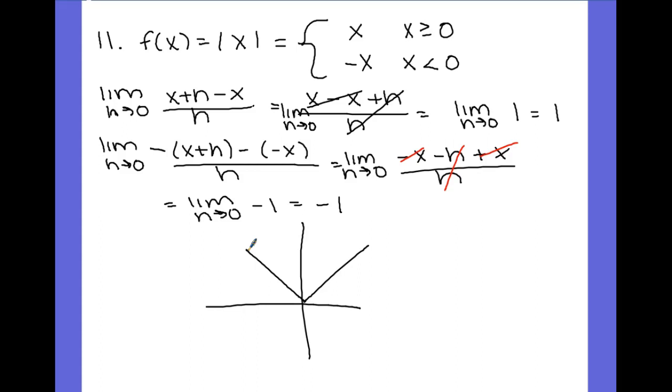The left derivative in this case, the negative stuff, all values less than 0, I get the number negative 1 when I find its derivative for this part of the piecewise. The slope of the absolute value on the left side is negative 1. You would agree the slope of this is negative 1.